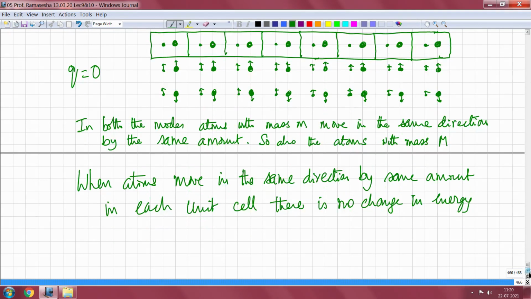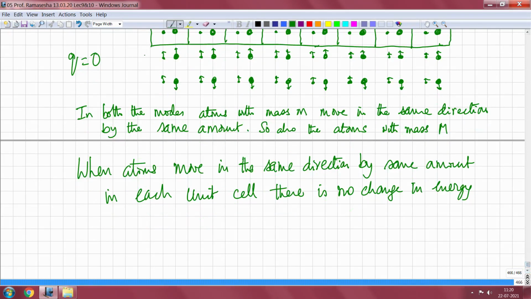But on the other hand, look at the other mode. So in this case you expect omega q equal to 0. When you look at the other mode, you see that within the unit cell the small atom is moving up and the big atom is moving down. So in a way, within the unit cell, each pair of small m and capital M is performing a vibration, because it is going up and down, down and up, by the same amount.